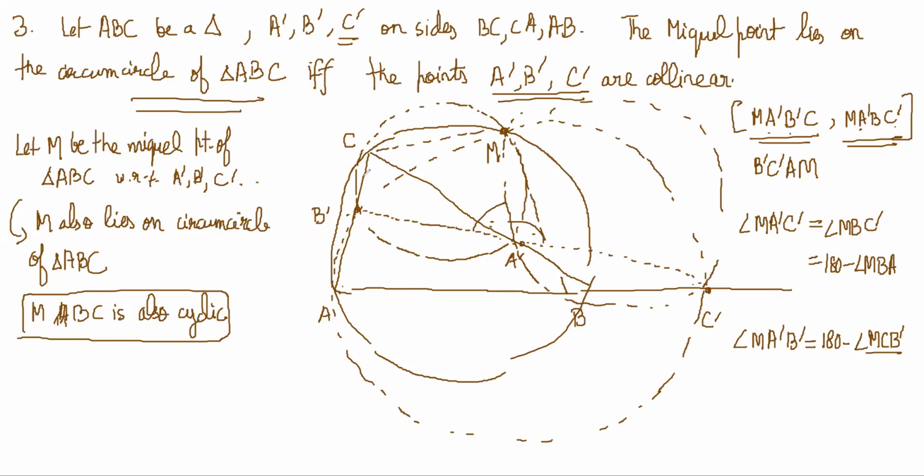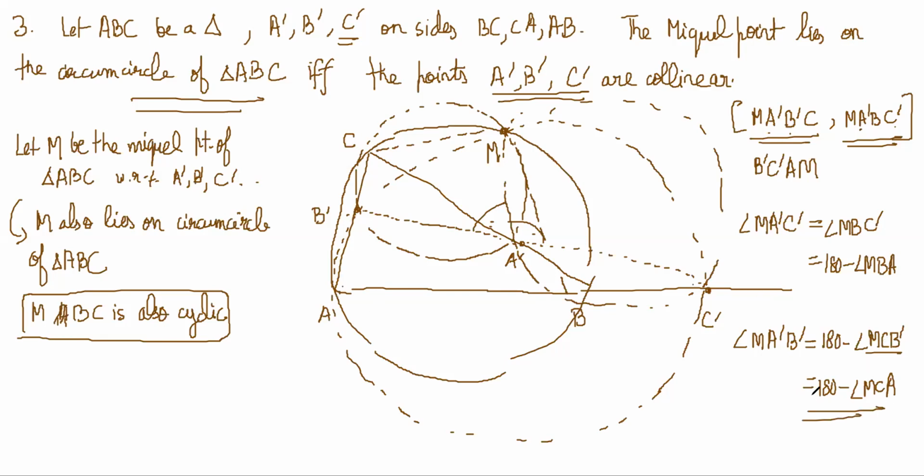This is a cyclic quadrilateral. So you have MCB' is equal to MCA'. MCB' is the same angle as MCA. 180 minus angle MCA. Extend B'A' only, right?